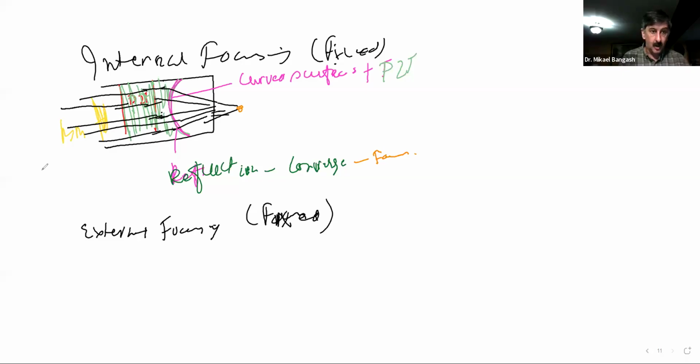Did that make sense? So what can you say here? The focal depth for this transducer is mainly related to the degree of curvature of the surface of the PZT.